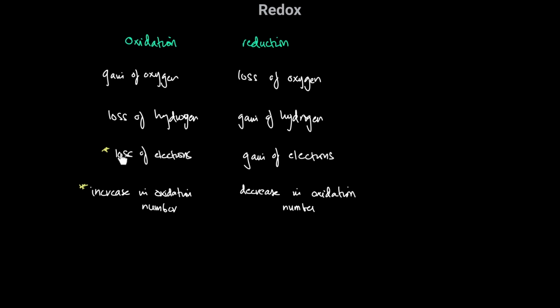This is really the crux of redox reactions, when we have exchange in electrons or when we have changes in oxidation number. So we're going to look at oxidation numbers and the rules for assigning oxidation numbers to different atoms and different compounds and ions.